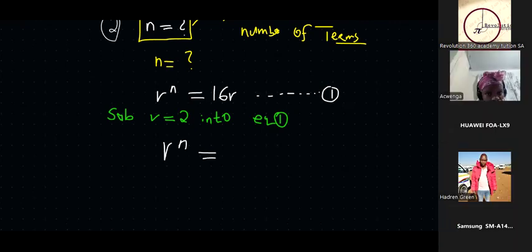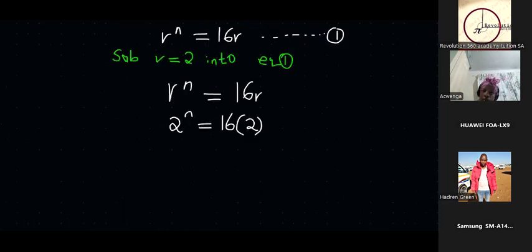Since your r is 2, you say 2 to the exponent of n is equal to 16, open bracket, your r is still 2. Then 2 to the exponent of n is equal to 16 times 2, that is 32.